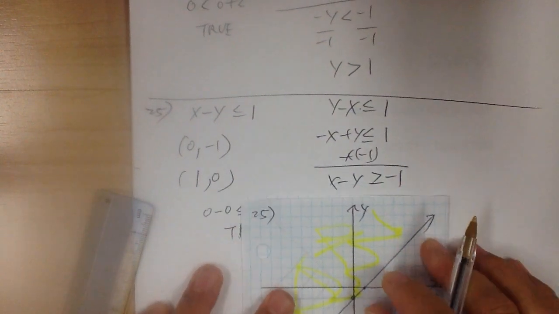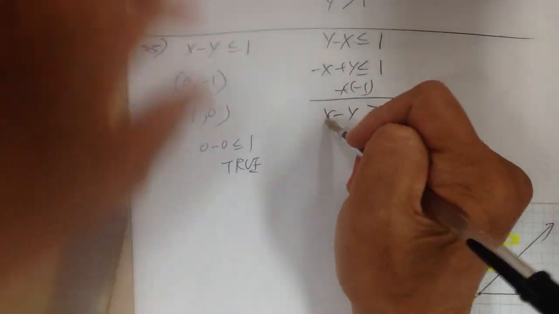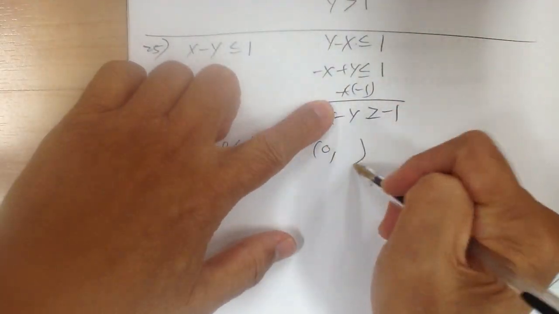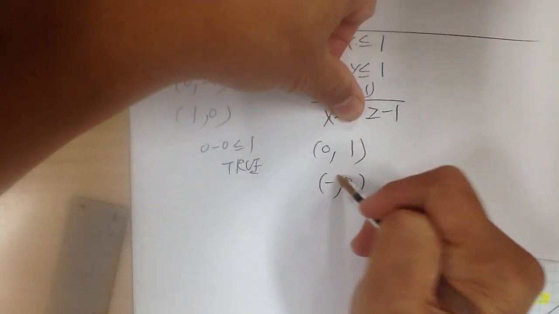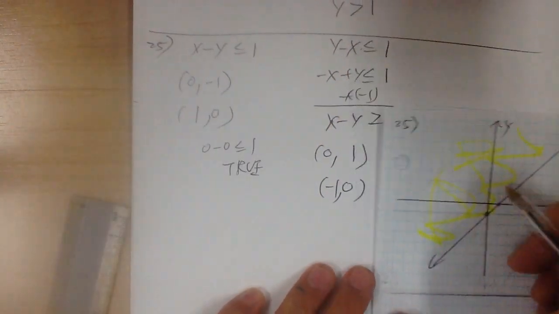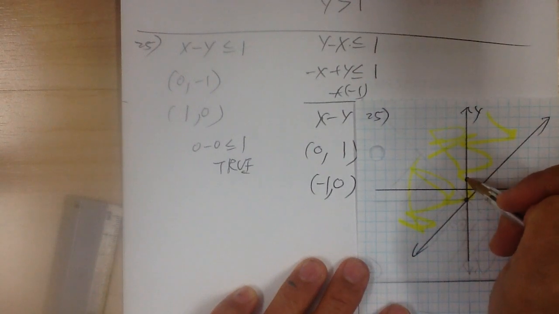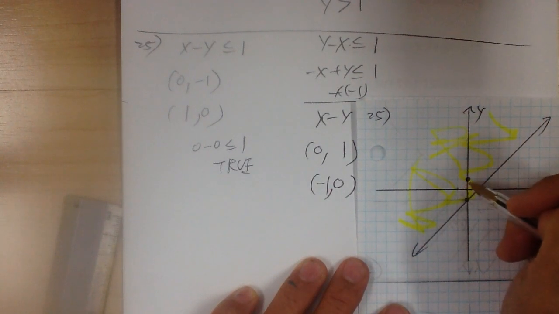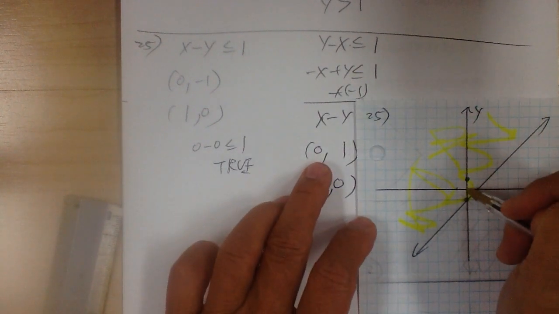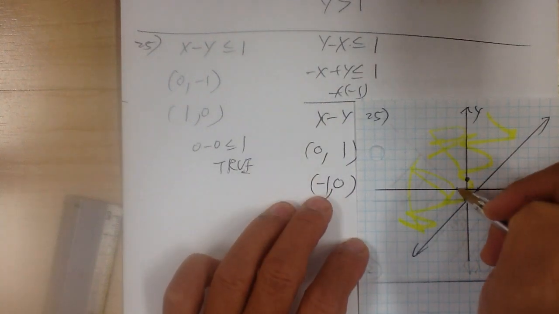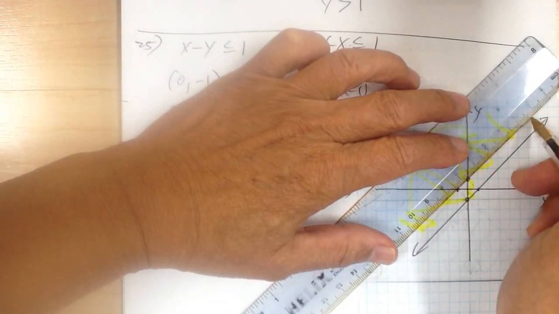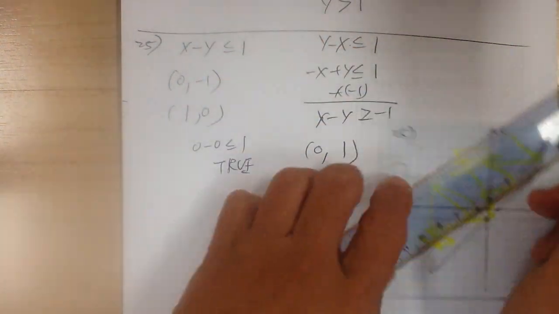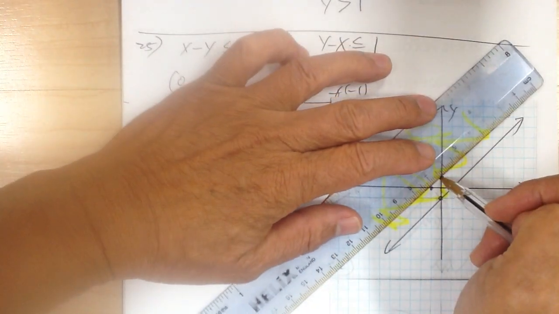And then this one over here. Again, let x equal 0, then y will equal 1. Let y equal 0, x will equal negative 1. So you get 0, 1 and negative 1, 0, and it's going to be a solid line.